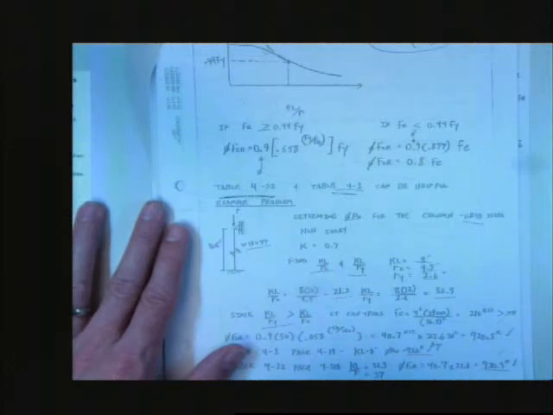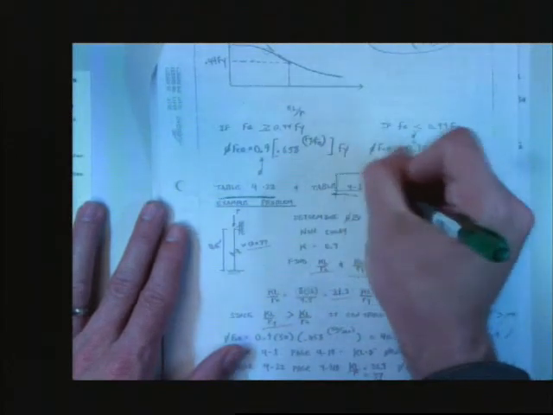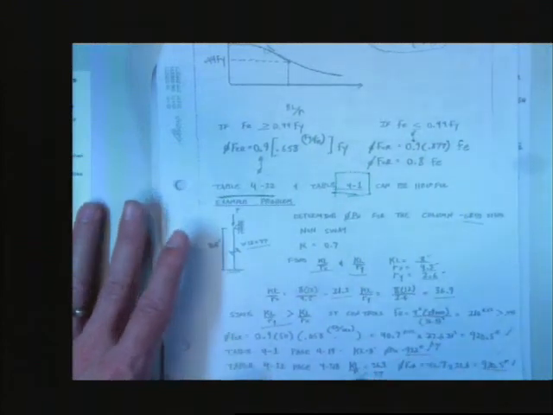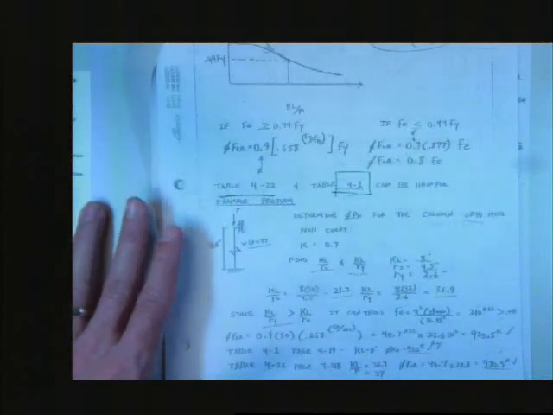Be very careful before you use table 4.1 unless you really know how it works, because if it's buckling about the strong radius of gyration, you need to divide by Rx over Ry. If you don't remember what I'm talking about, look it up. It's in a book, I swear. Or talk to me about it.